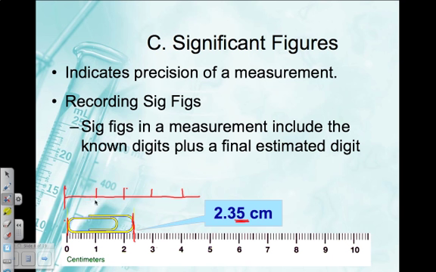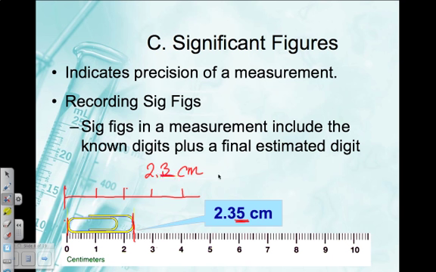Okay, so I'm going to measure the paper clip again using this ruler right here instead. So I'm going to go ahead and put the paper clip up to it. So I'm going to see that it's at least 2 centimeters here, but it's beyond 2 centimeters, so I'm going to say that it's about 2.3.